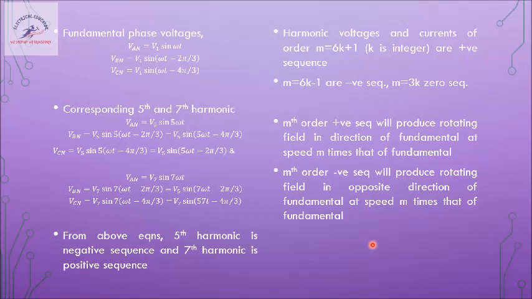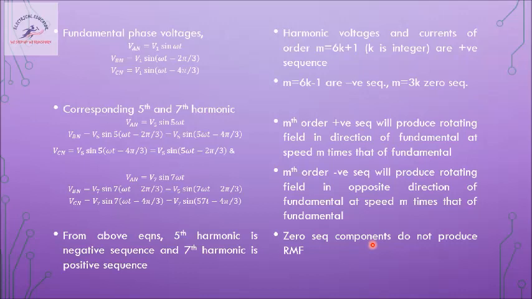So in general, any mth order harmonic will produce a rotating magnetic field whose speed is m times the synchronous speed or the fundamental, and if it is positive sequence, its direction will be the same as that of the fundamental. If it is negative sequence, its direction will be reverse or negative compared to the fundamental.